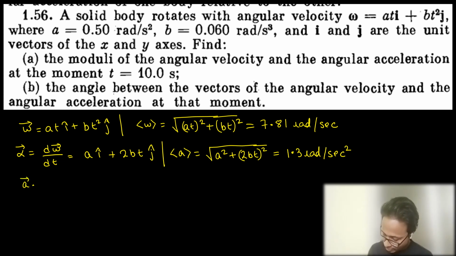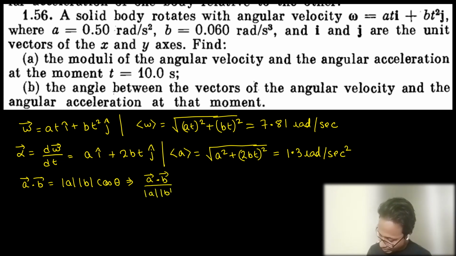A dot B is equal to magnitude of A into magnitude of B into cos theta. So A dot B divided by A into B is equal to cos theta. If I find the value of cos theta, I can easily get the value of theta.